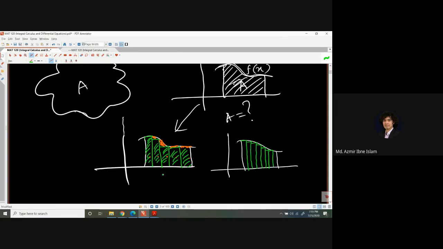So for this one we have taken 5 rectangles, but here we have taken 8 rectangles.